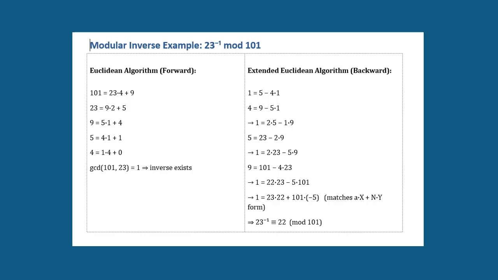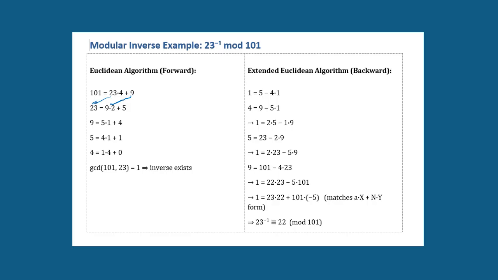So once again, you divide by this remainder, so it's the divisor, and then this one becomes the dividend.